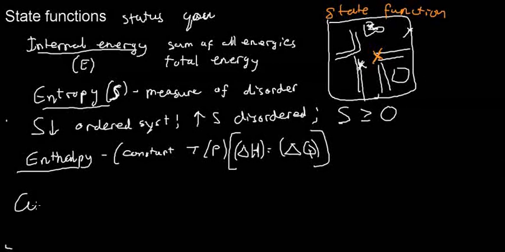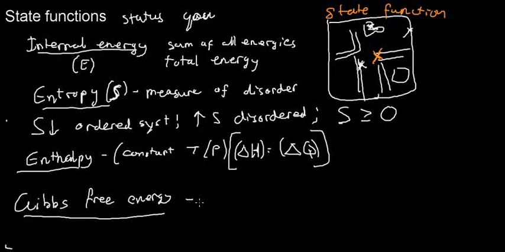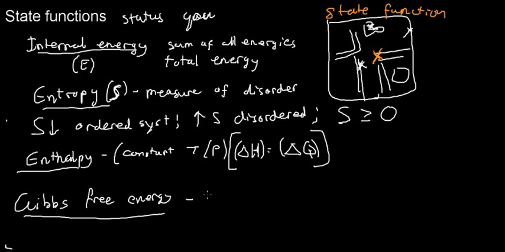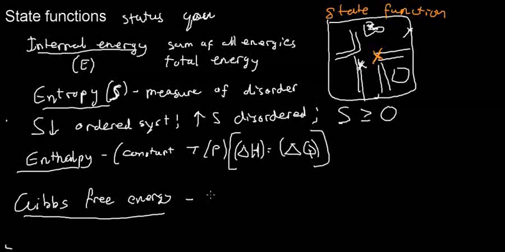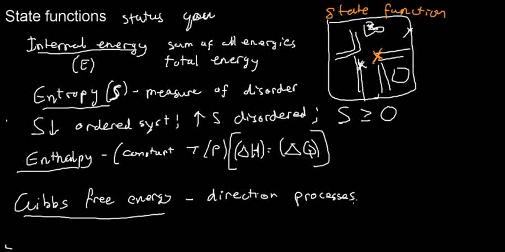And the last thing we have to discuss is the Gibbs free energy. This is a really important state function. It gives us information as to the way processes take place and whether they are going to occur spontaneously or require energy. So I can say it gives the direction that processes would go.